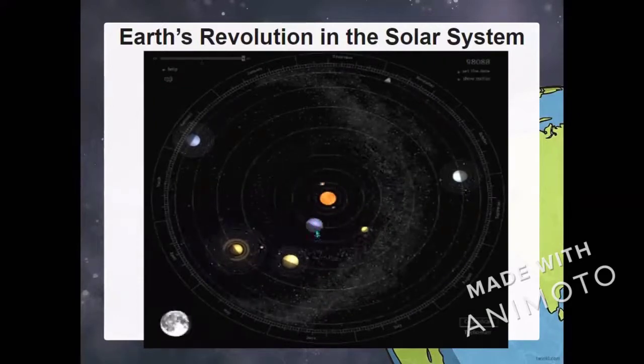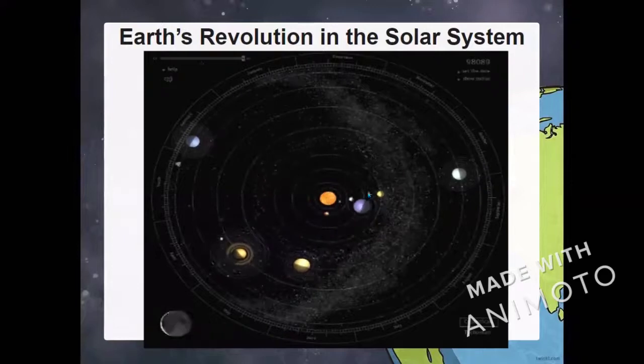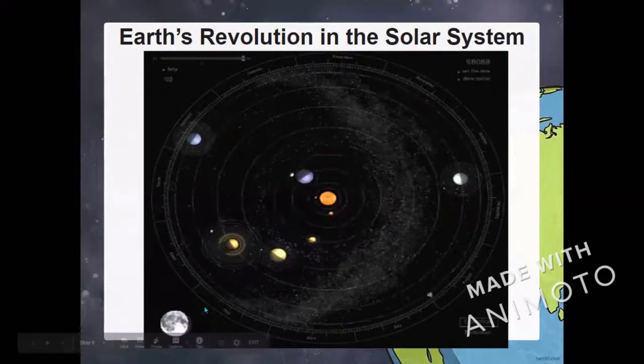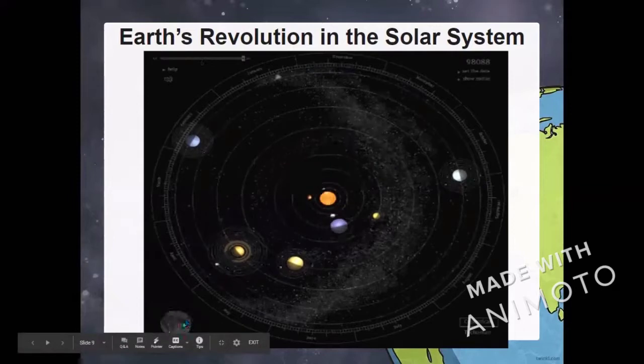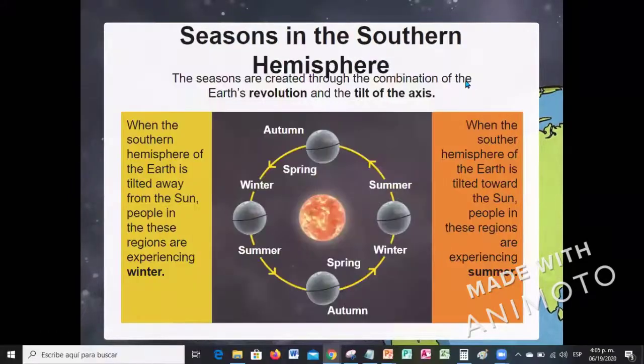And at the same time that Earth is rotating on its axis, you can also observe the moon. The moon appears also here. How it appears, right? In that way, seasons are created. When the southern hemisphere of Earth is tilted away from the sun, people in these regions are experiencing winter, as you can observe here and here.